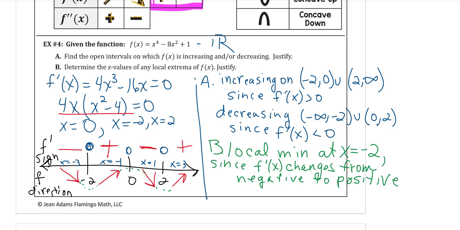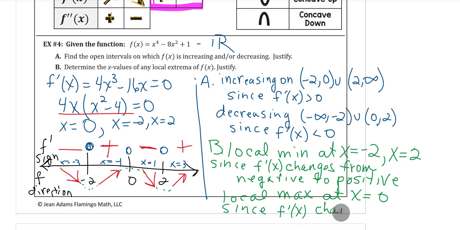And actually we can group in here too that there's one at x equals 2, because it's the same reason. And then we have a local maximum at x equals 0, since f prime of x changes sign from positive to negative. So there's our justification, and that's putting together finding our intervals and also finding our local extrema.